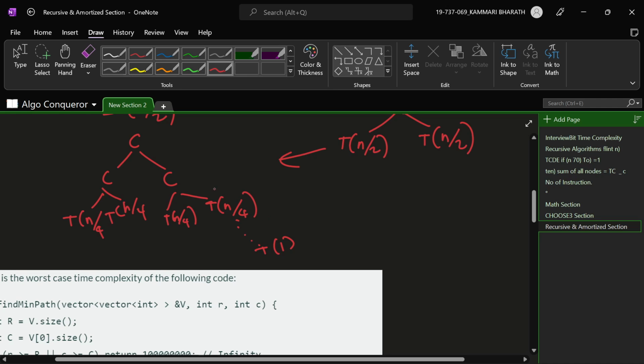And we can write this as T of n by 2 power k. When does n by 2 power k become 1? n by 2 power k is equal to 1, which gives us k equal to log n. As we have already seen, k is log n, which means the height of the tree is log n.